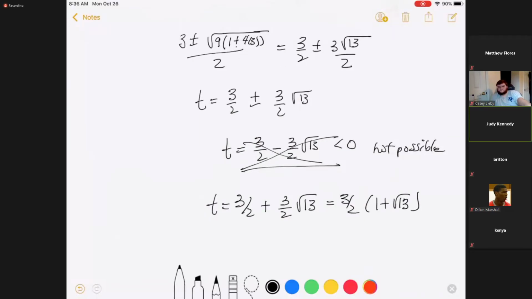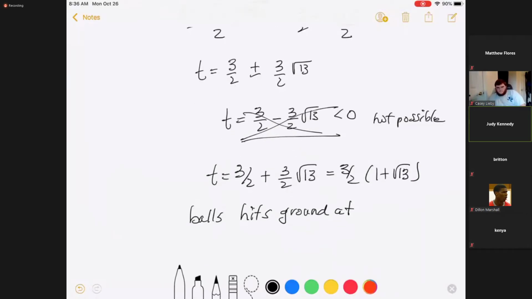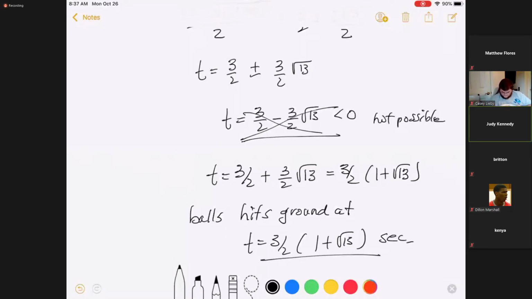So the ball hits the ground at t equal to 3 halves times 1 plus the square root of 13 seconds.